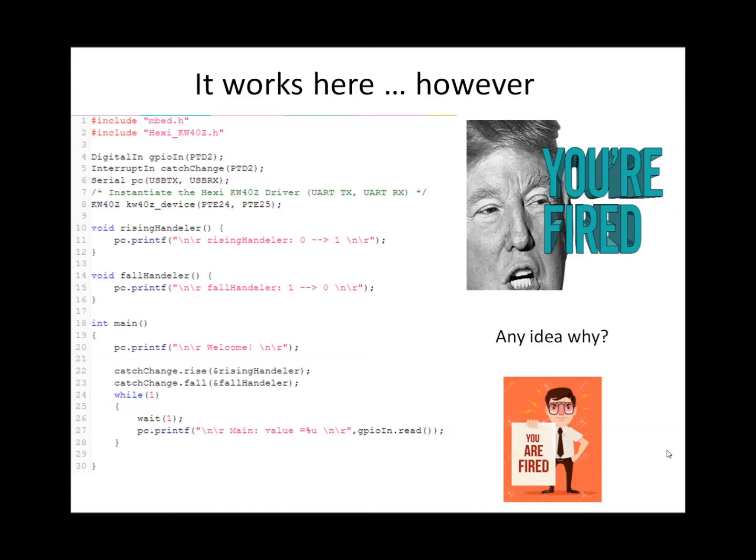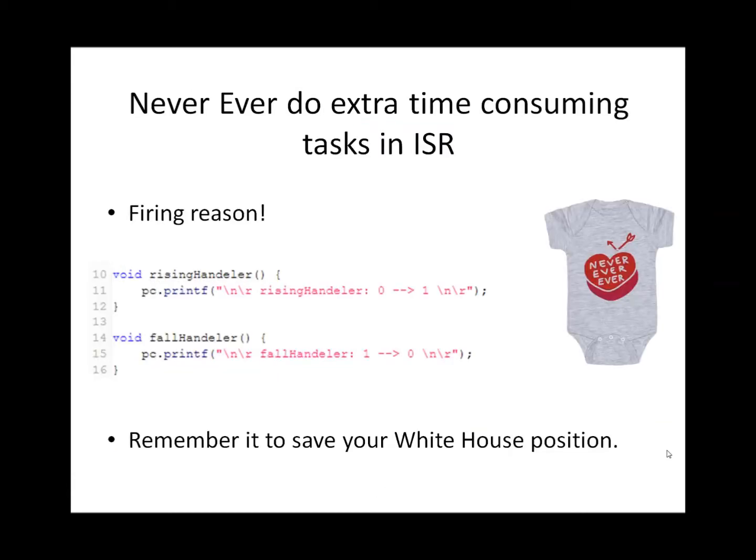So save your position and avoid these extra time-consuming tasks in the interrupt handler. Okay? So now I would like to replace them. I would like to save my career and replace them. Any idea?